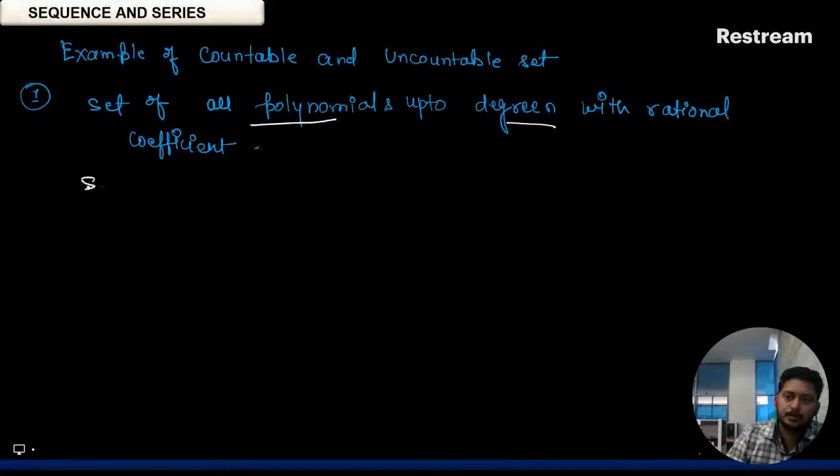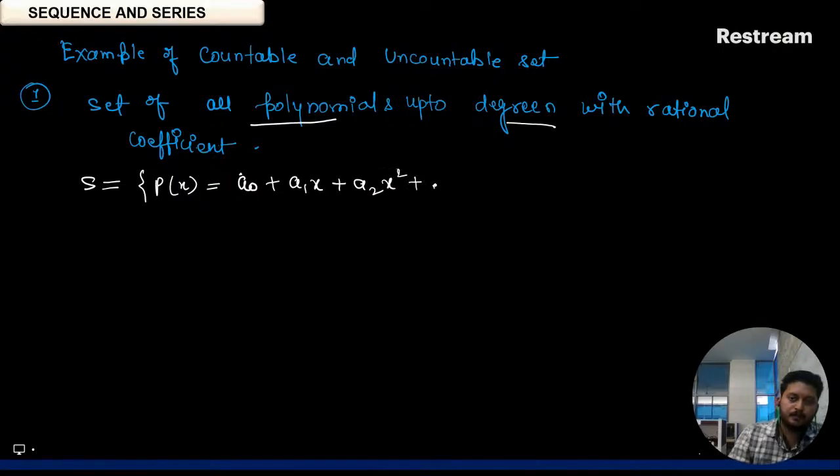Take S as the set of polynomials p(x) = a0 + a1x + a2x² + ... + an xⁿ, where each ai belongs to Q.